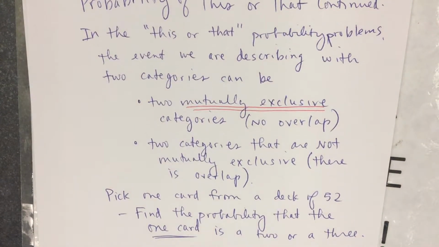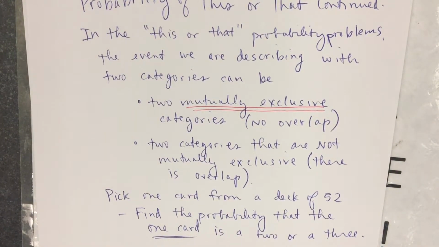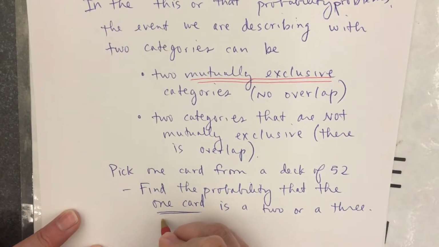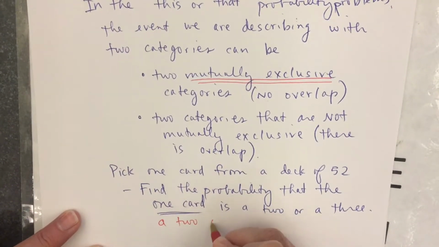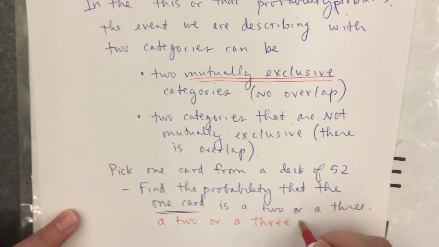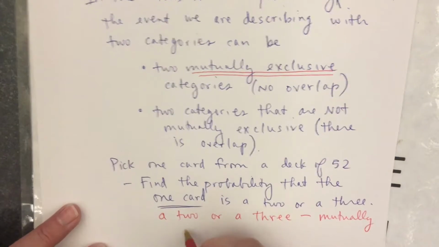That event, a 2 or a 3, they are mutually exclusive. No overlap. I'll write that in red. A 2 or a 3. Mutually exclusive.